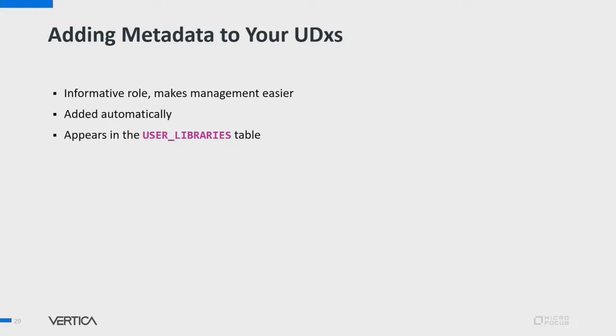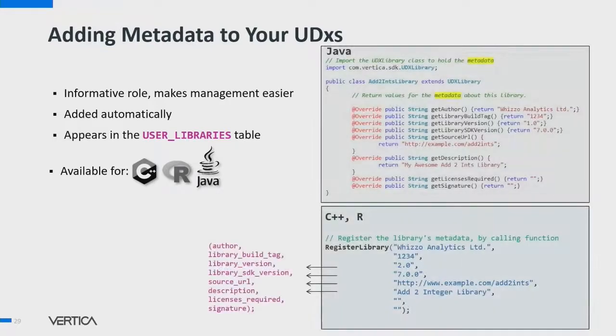So another important aspect is how to add metadata to your UDXs. This is pretty important if you want to have direct information with which Vertica SDK the UDX was created, what is the version of the UDX, and so on, just to more easily manage that information. That information is stored in the user_libraries table, and you can add metadata for C++, R, and Java.